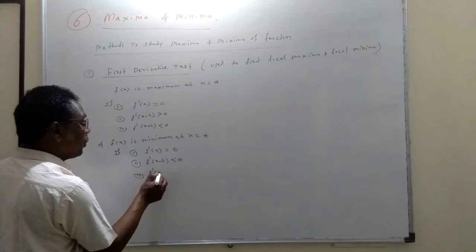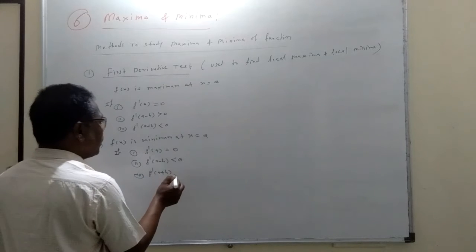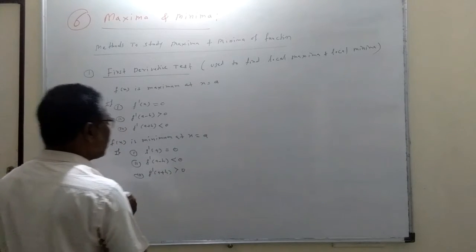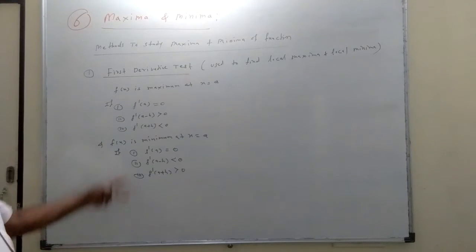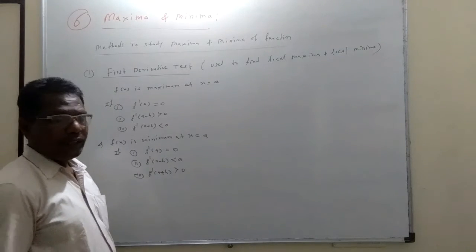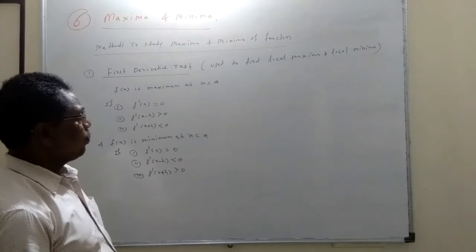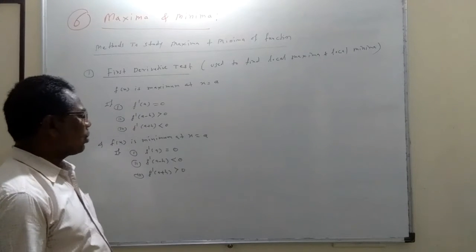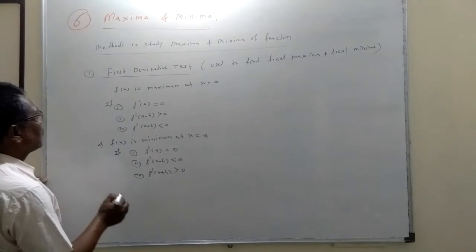And f dash of a plus h, to the right of a, is an increasing function, so greater than 0. With the help of these conditions, we can check whether the function has a maximum or minimum, that is, a local maximum or local minimum value.